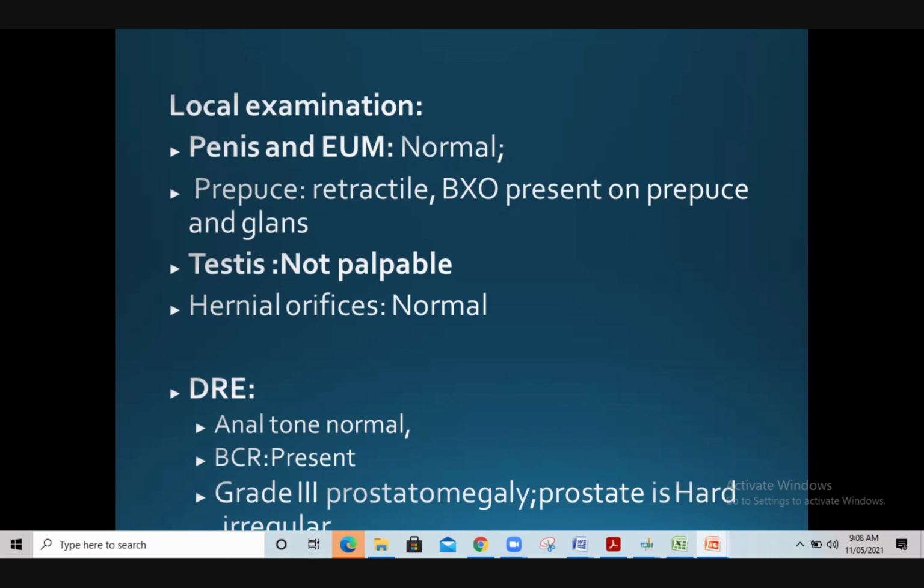So be careful when you make these statements off the cuff like this. There's no need at this point to say he's got castration resistance. It doesn't give you anything. It's not going to give an extra mark, but it may cause some examiners to get a little worked up. So just say, I think he's got a hard irregular prostate, which fits in with the diagnosis of carcinoma prostate.